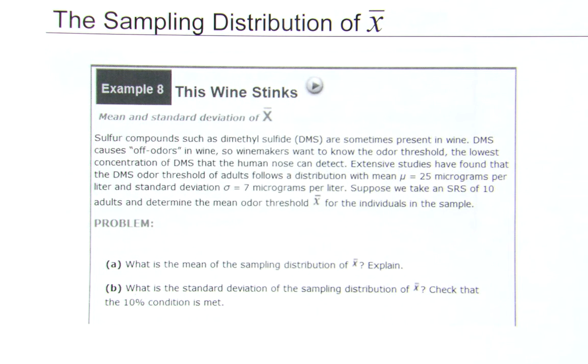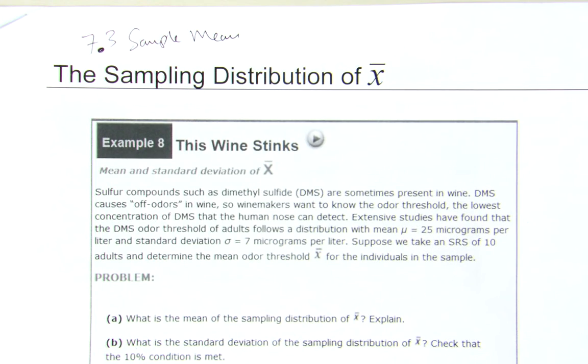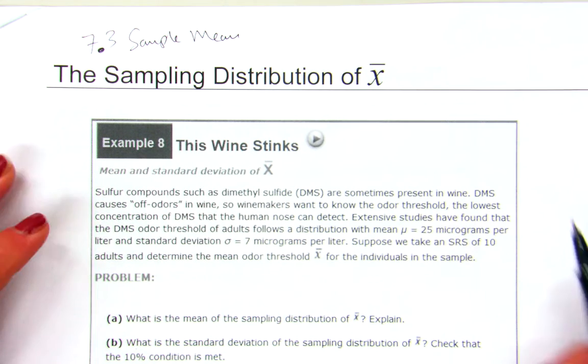Okay, so for starters, we're going to start with slide number 5 from the PowerPoints, and this is example number 8 in the book. Sulfur compounds such as dimethyl sulfide or DMS are sometimes present in wine. They cause off odors.